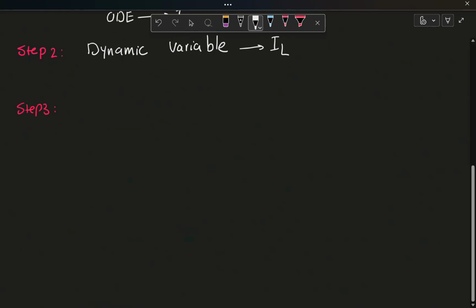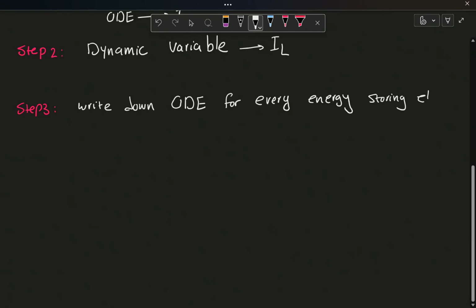In step three, I would write down the ODEs that govern the dynamics of my energy storing elements. With the number of energy storing elements, by the way, those energy storing elements were your capacitors and your inductors, you're going to write down ODEs. So, write down ODEs for every energy storing element in the system.